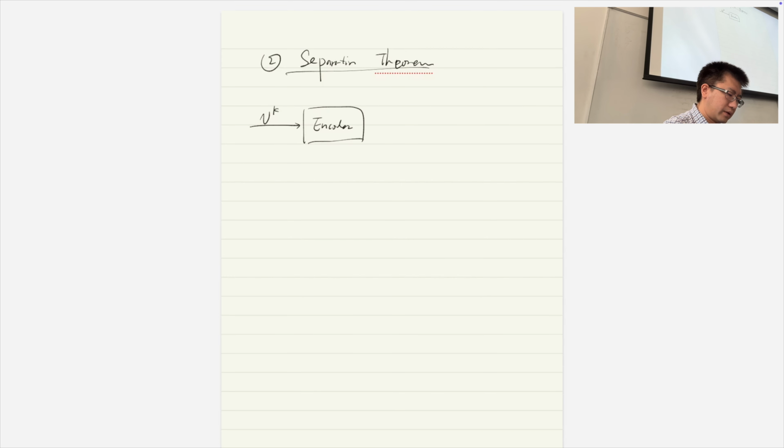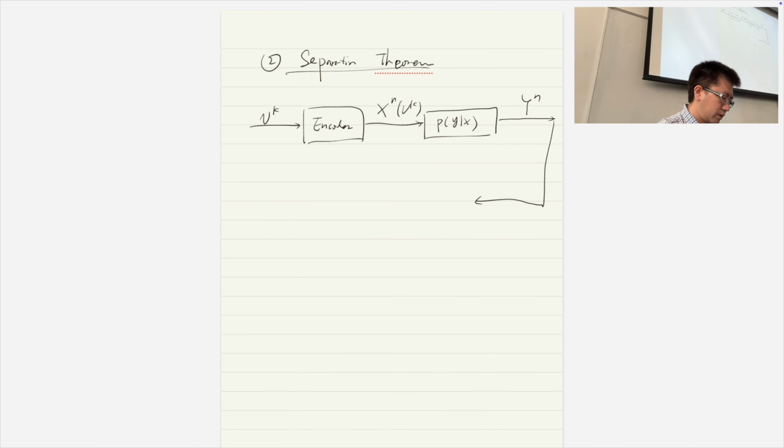And then we have an encoder, so that we have x^n and v^k. And then we use this code to transmit, so we have a channel here, characterized by p(y given x), and then we have our y^n. Then we have the decoder, and then we have our v^k hat.